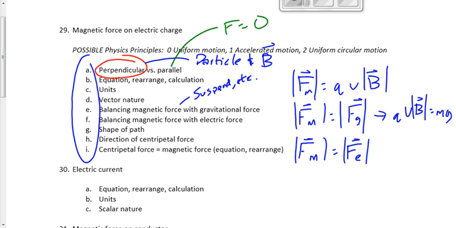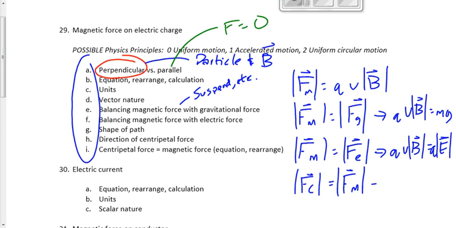So QvB would be equal to Q times E. And the fourth thing that you can see is when the charged particle is going through that field, there's no other fields present, and it just goes in a circle. When there's no other fields present to cause it to balance or whatever, then it just goes in a circle. So we may set Fc equal to Fm, or mv squared over r equal to QvB.